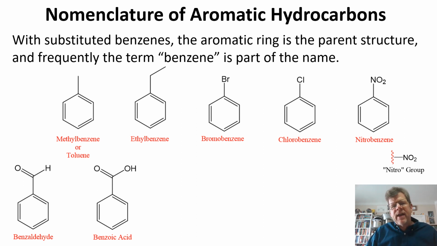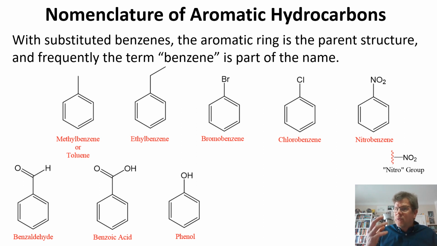If I had a benzene ring with an alcohol functional group on it, that is known as phenol. Phenol. OL suffix because it's an alcohol functional group. But now we're bringing in something that looks like the word phenyl group, phenyl, which is an aromatic ring that is a substituent on a larger parent structure. So sometimes we just change a vowel.